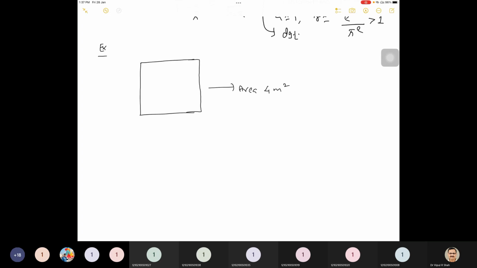And like this, midpoint. So there is another square. Okay. Again we take midpoint, and we take another square.